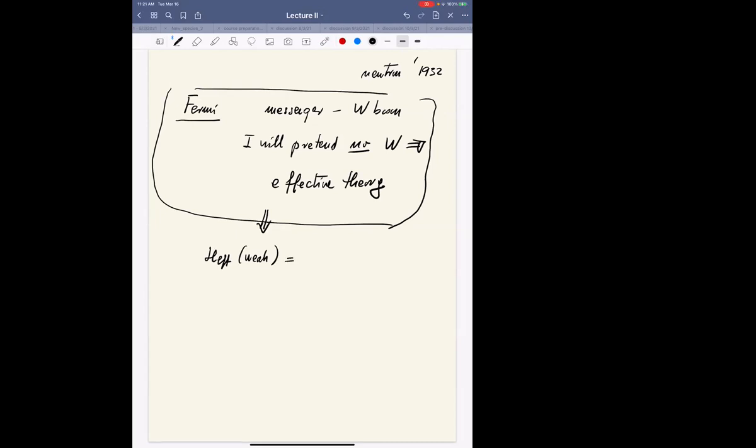Which is, he'll write it. It has a strength which is G Fermi over square root of 2, normally defined. I don't know why I put the square root of 2. No, this doesn't make sense because I haven't yet precisely defined my interaction. What he does, he says there will be something, let's say, schematically, G Fermi.